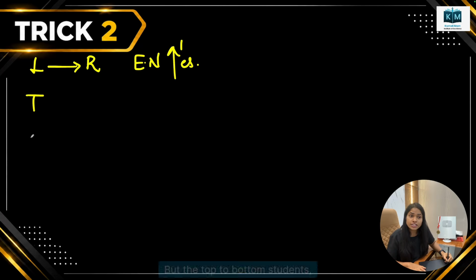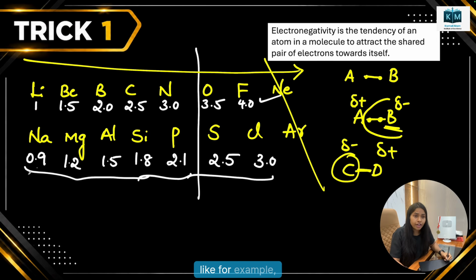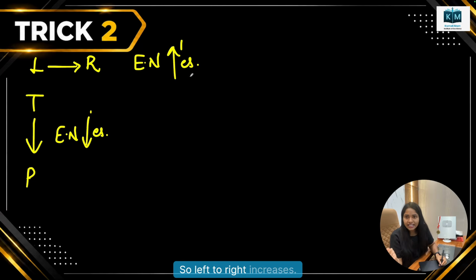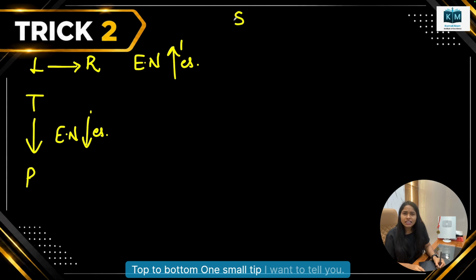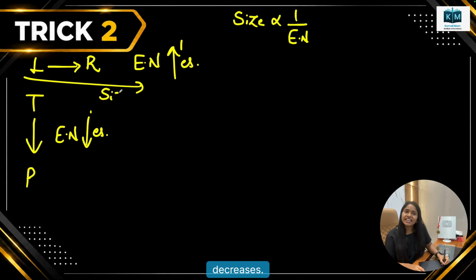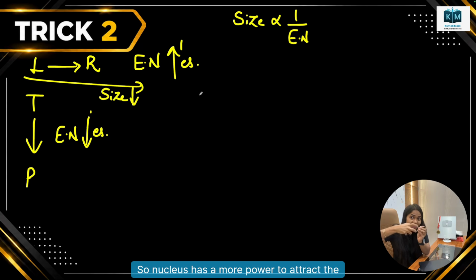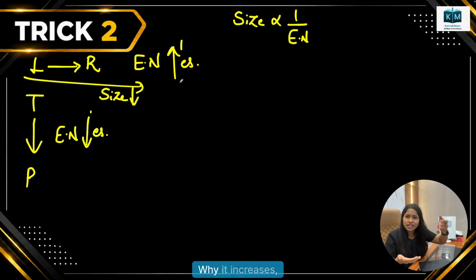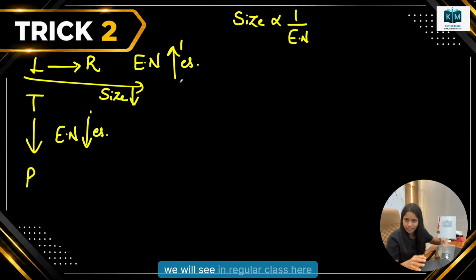But top to bottom, for example lithium, sodium in that family, anomalies will come, but usually electronegativity is decreasing. One small tip: size is inversely proportional to electronegativity. Left to right, size decreases, so the nucleus has more power to attract the bonded electrons, so electronegativity increases. Why and how it increases, we will see in the regular class.